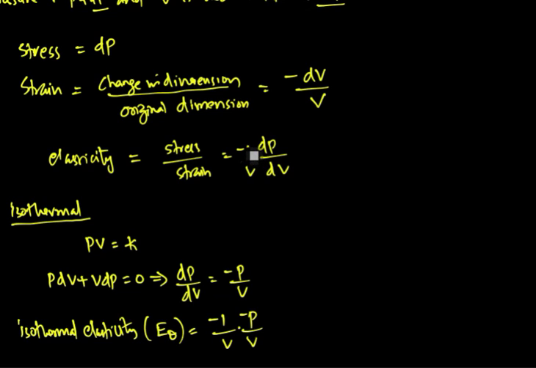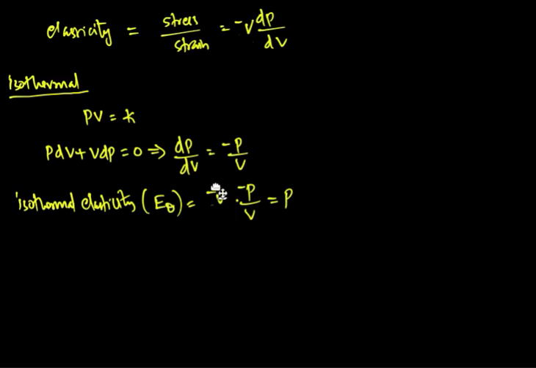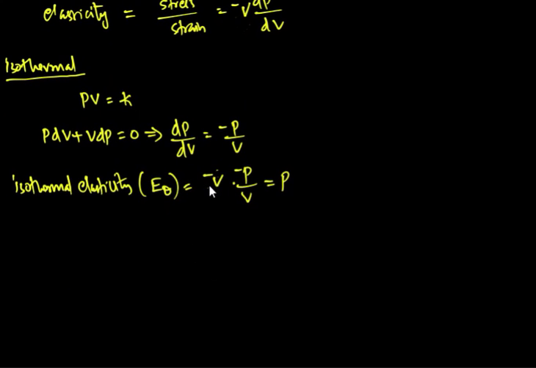Strain is dV by V, so it is minus V into dP by dV. Sorry for the correction. Minus V into minus P by V, so it is equal to P. So the isothermal elasticity of a gas is given by E theta is equal to the pressure.